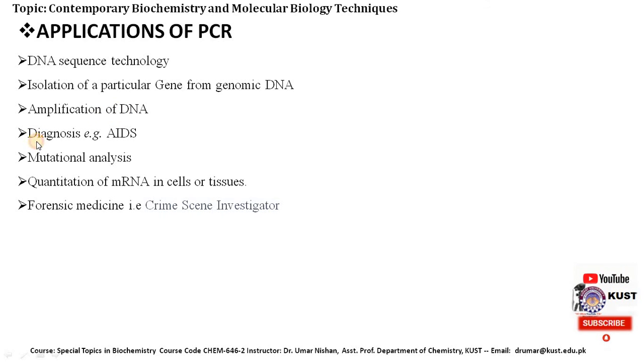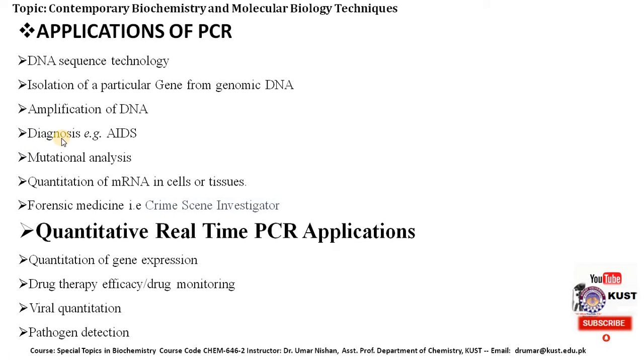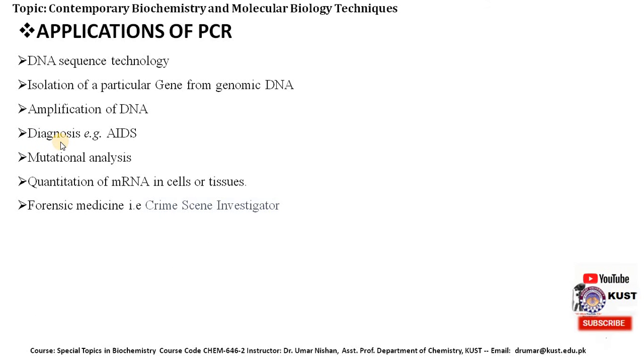Then, the diagnosis of different diseases can be done with the help of PCR. Mutational analysis can be done by comparing the sequences, quantitation of messenger RNA in cells or tissues can be done, and it can be used in forensic medicine, that is in crime scene investigations.